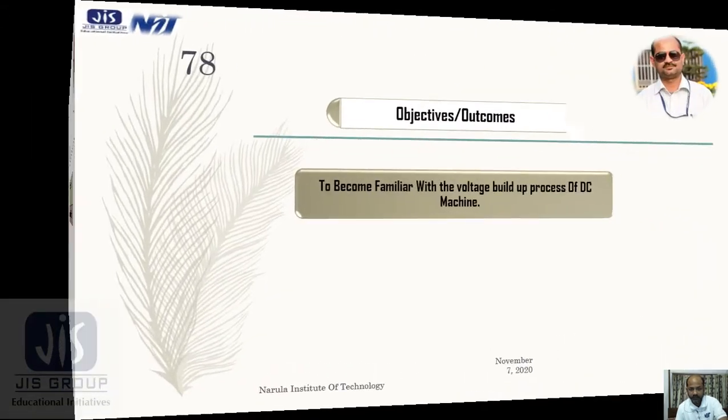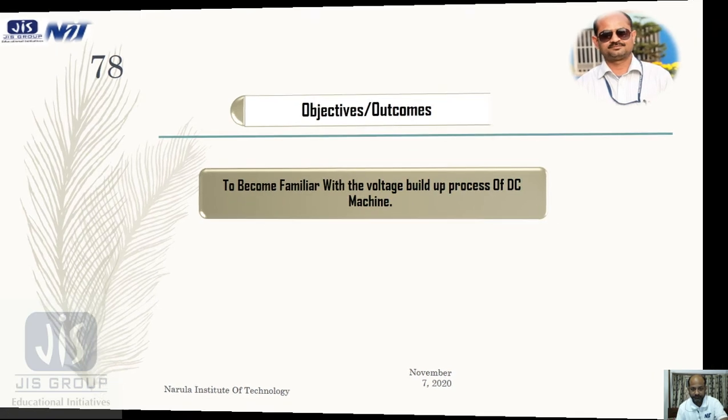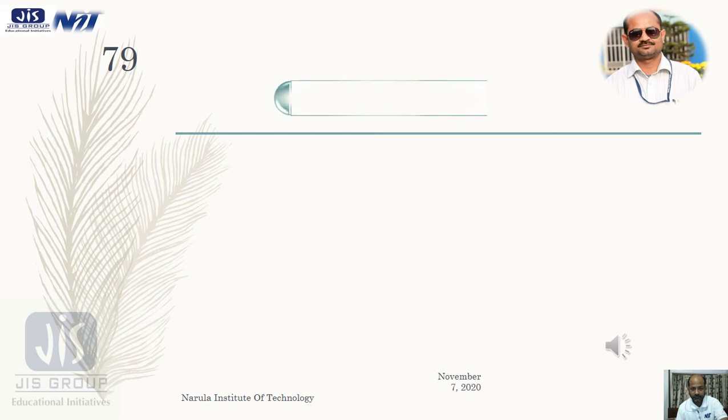Okay, and the objective and outcomes of today's lecture is to become familiar with the voltage buildup process of DC machine. So let's start lecture number 7 on voltage buildup.